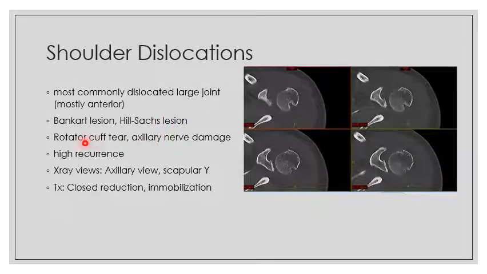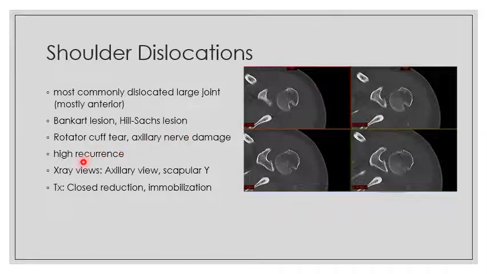You have to check for rotator cuff tears or axillary nerve damage. The younger the patient, the much higher the recurrence, and rotator cuff tears in the elderly you have to watch out for.